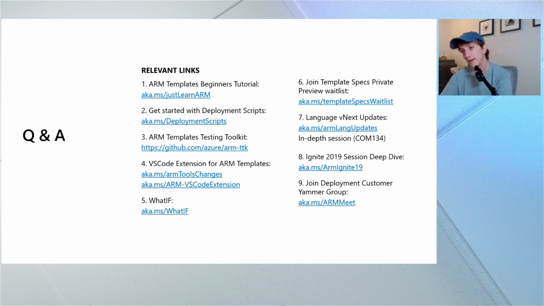Yeah, good question. I'd say it's most similar, I found, to the user assigned managed identity resource. So it's stored in the resource group. And the permission that you need in order to deploy the template spec will be just read permission. So if you can read that template spec, you'll be allowed to deploy it.